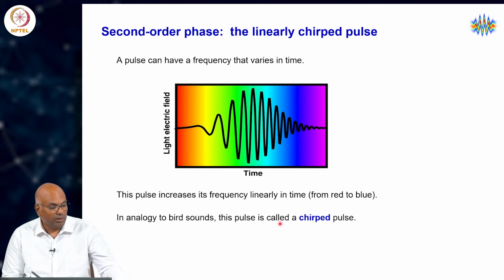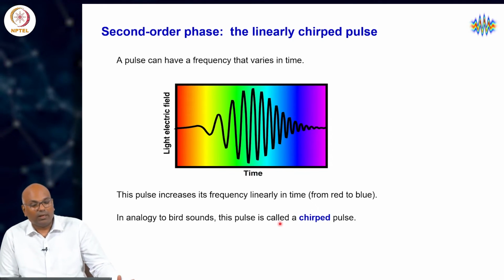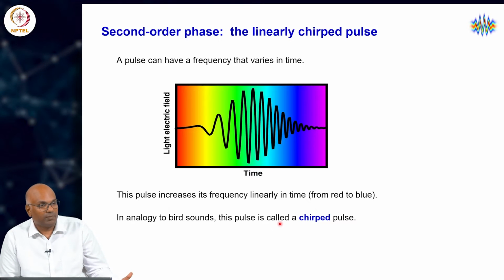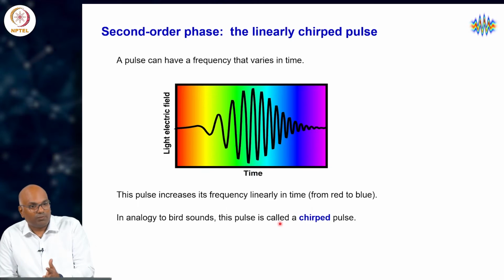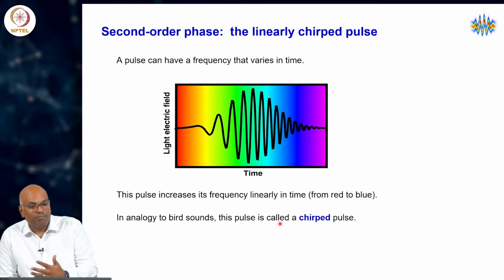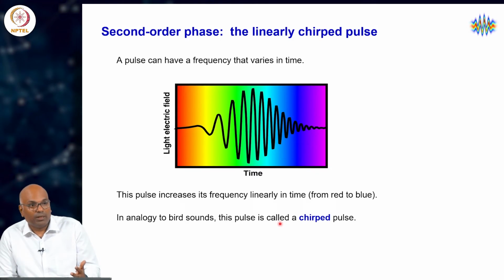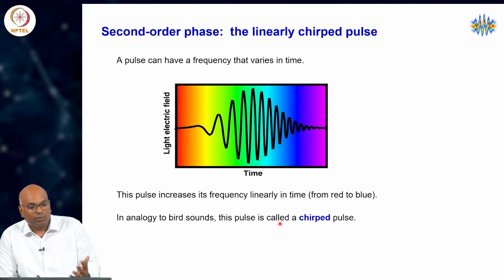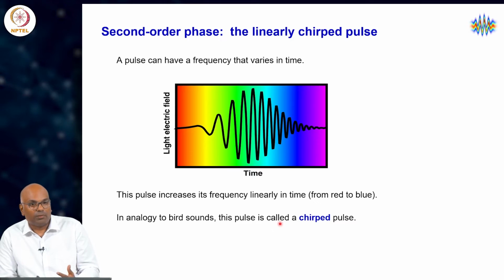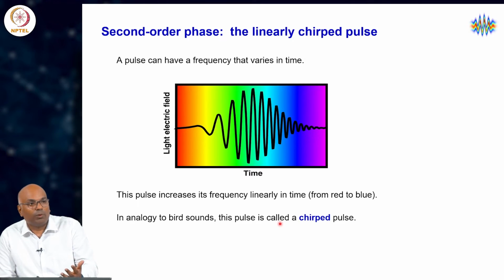Dispersion can take an otherwise unchirped pulse, that is a pulse with a flat spectral phase profile, merely by propagating through a medium and experiencing the dispersion in the medium, and turn it into a pulse that carries a linear chirp after some finite amount of propagation.